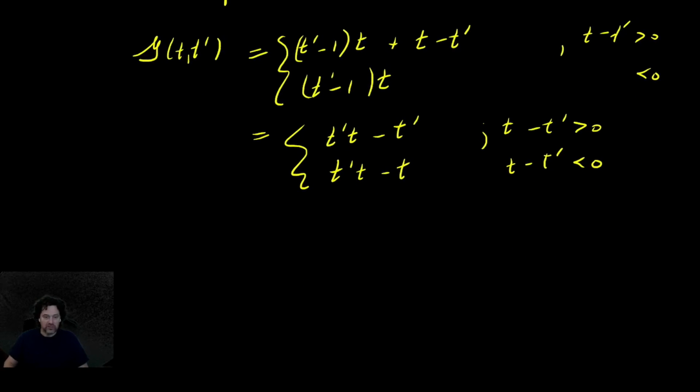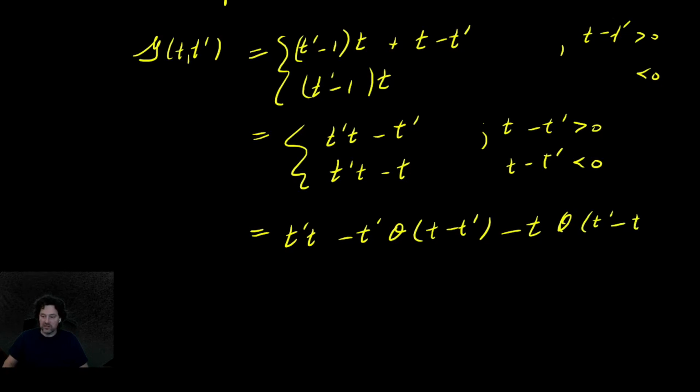The final notational sugar that we can use here is to write this all as t prime t minus t prime theta of t minus t prime minus t theta of t prime minus t. And that is the form of the Green's function that we found in Byron and Fuller.